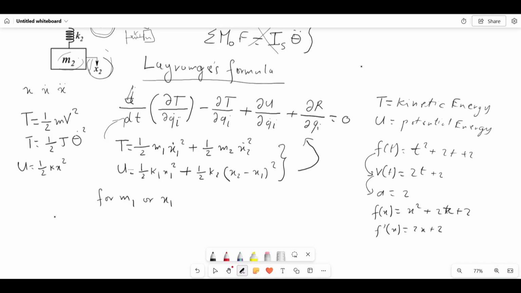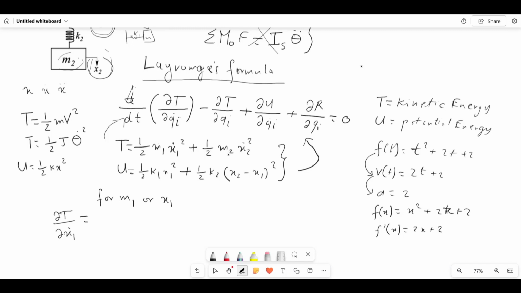In this case, you will have partial T over partial, and where there is a q_i, you will substitute q_i by x1. This is just a general formula. So you will then have x1 dot. What does this mean? We will come to the kinetic energy.